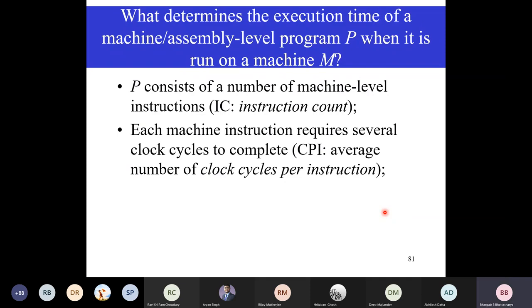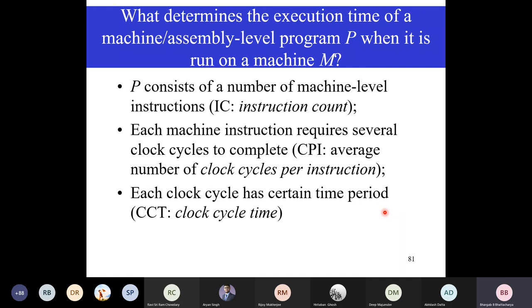So you have instruction count, average number of clock cycles per instruction. What else? I want to compute the CPU time. The time required, like the time for one clock cycle in seconds. Yes, and that is called clock cycle time, CCT.